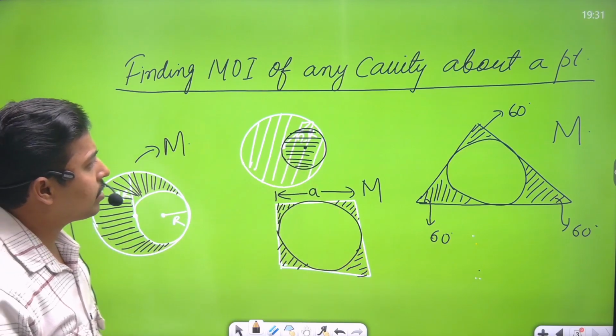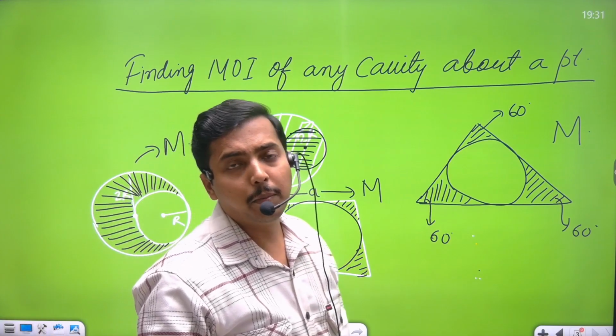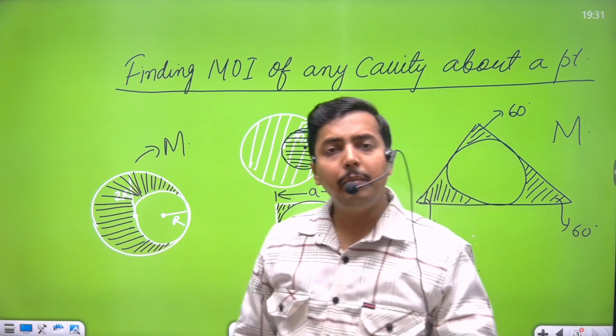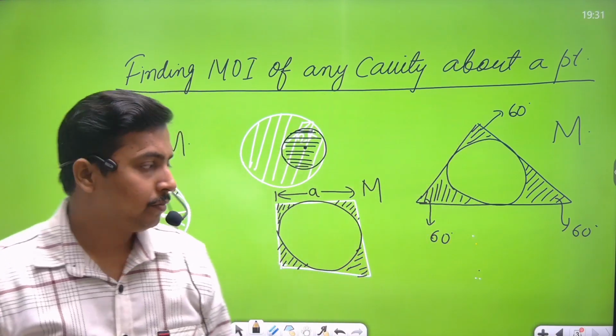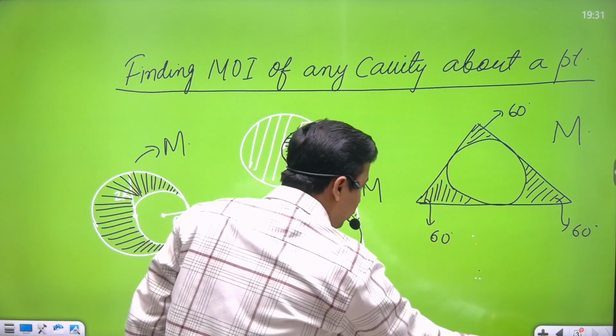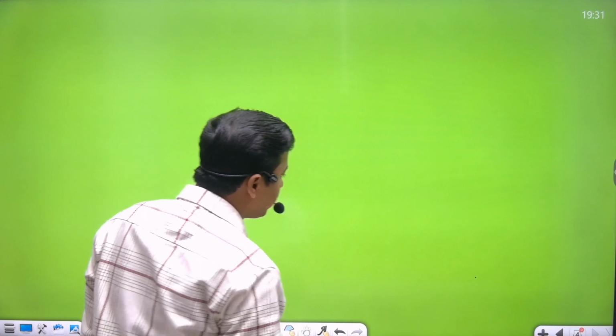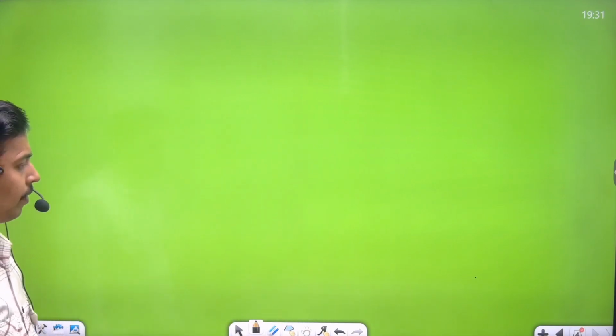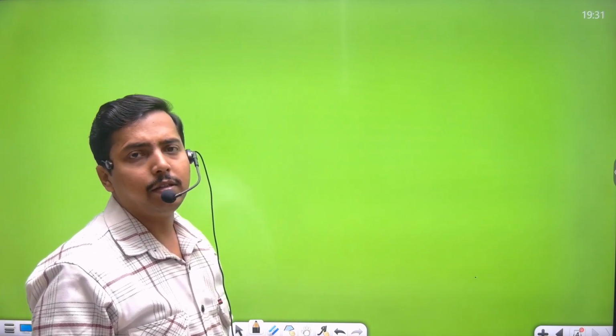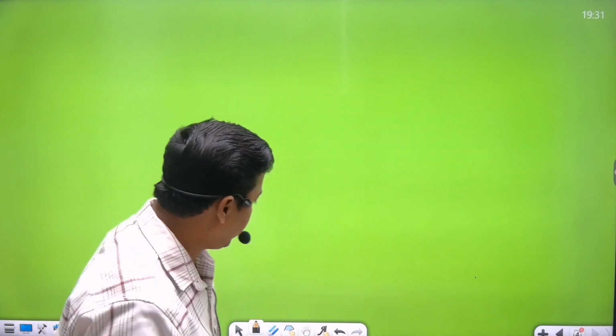Then what is the concept to find the moment of inertia of the remaining part? It's very simple. As we have already seen in center of mass problems also, we used to visualize the whole body as the remaining body plus cavity. That is the basic concept here.